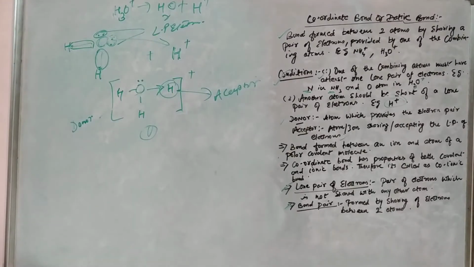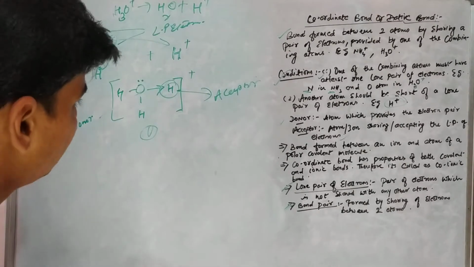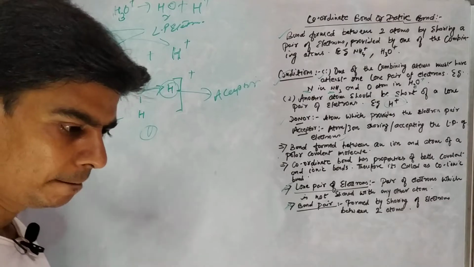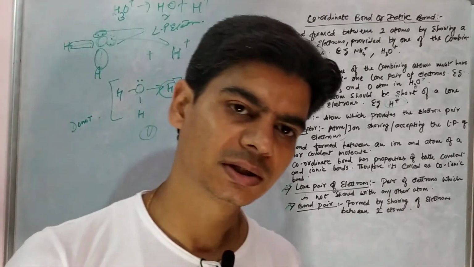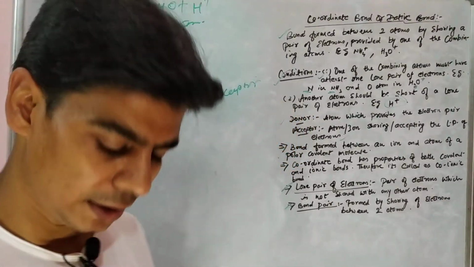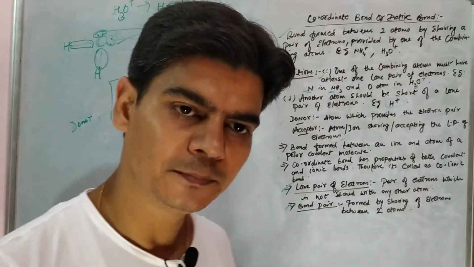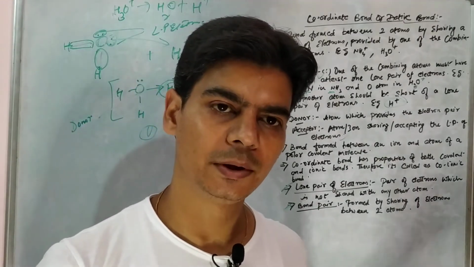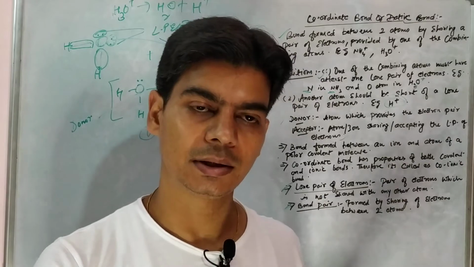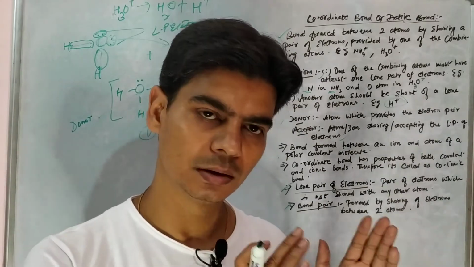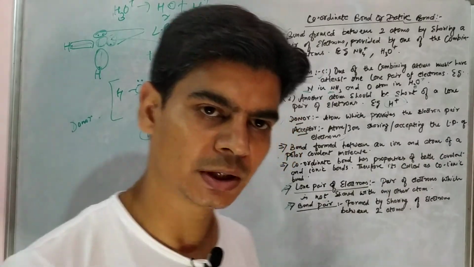Since we have studied both the examples, we know that ammonia is a polar covalent molecule and water is a polar covalent molecule. Like we have studied previously, electrovalent bond forms between a metal and a non-metal, right? And a covalent bond is formed between two non-metals, right?